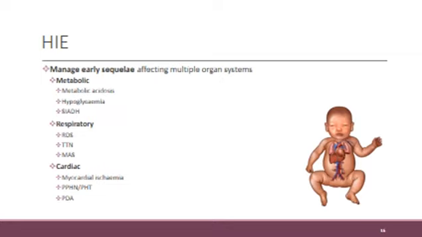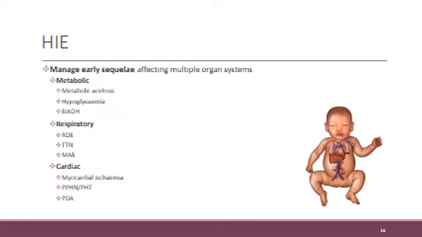In the metabolic system, it is important to check the arterial blood gas to establish whether the baby has metabolic acidosis. In an HIE patient, there is usually a lactic acidosis due to anaerobic metabolism secondary to the hypoxia and the ischemia suffered.